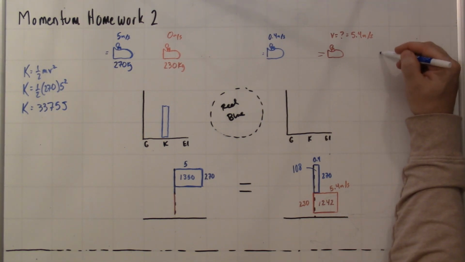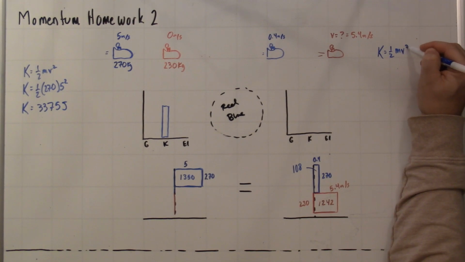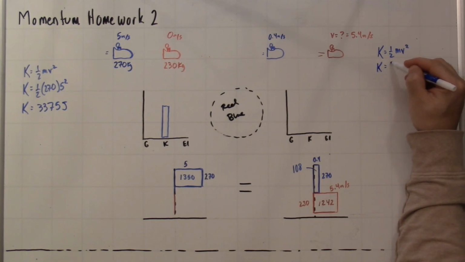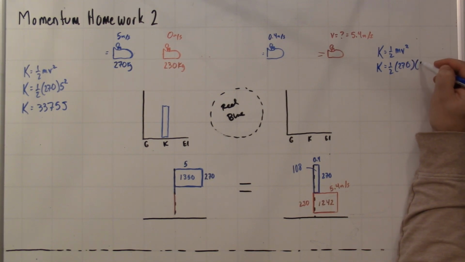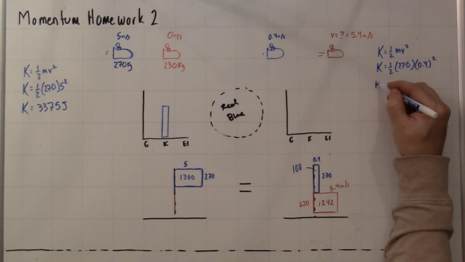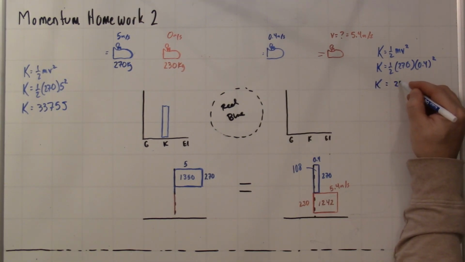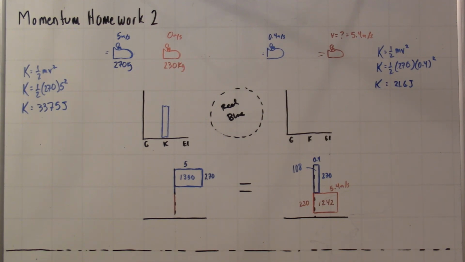Let's calculate the kinetic energies over here of each of these. This is 1/2 mv squared, 270 times 0.4 squared. This is a small amount. This is only 21.6 joules. And what about the red one?